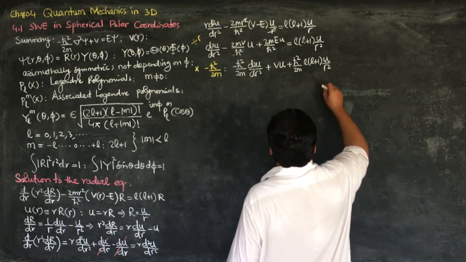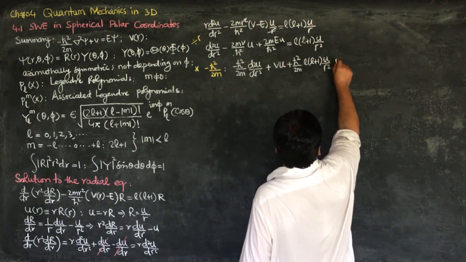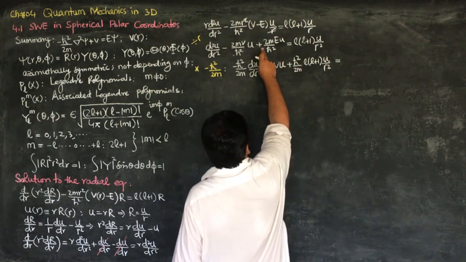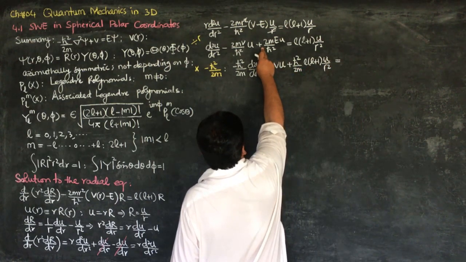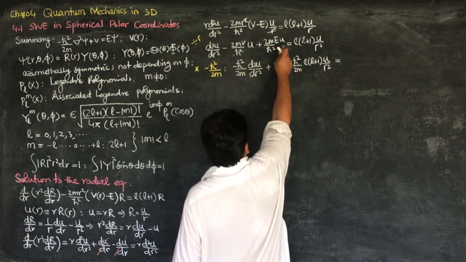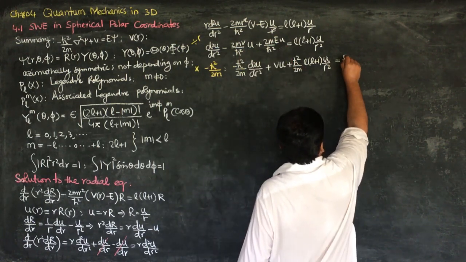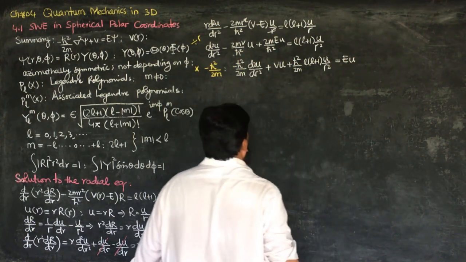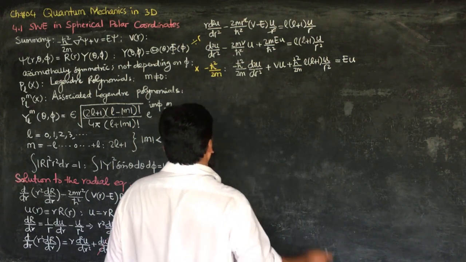And this thing is equal to, when minus will multiply with this, it will become minus EU. So it will come on this side and we can write this as EU.